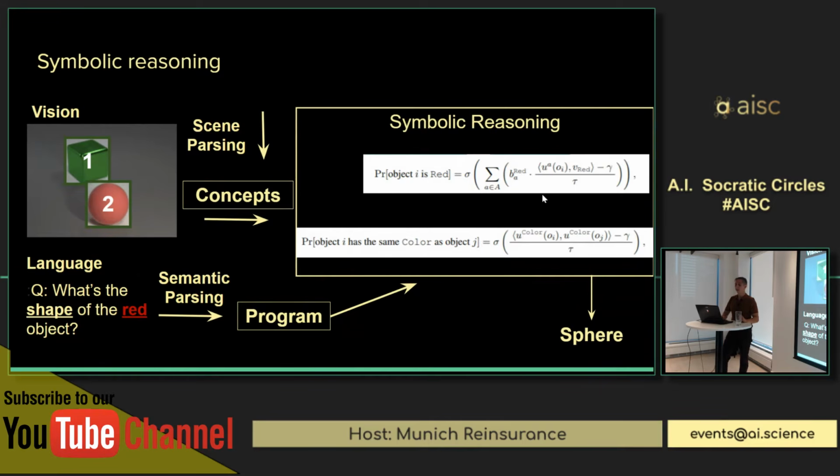To classify the object as being red or not, we compute the cosine distance between two vectors. Gamma and tau are scalar constants for scaling and shifting the values of similarities. By applying the classifier on all objects, we obtain a vector of length n. Similarly, such classification can be done for relational concepts, such as, for example, left, right. This will result in an n by n matrix.